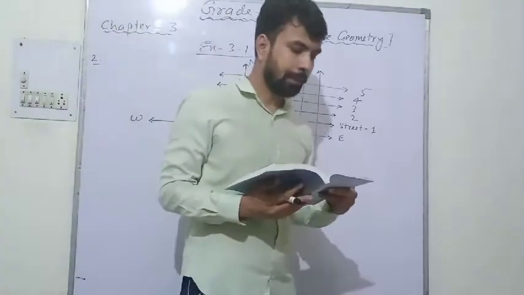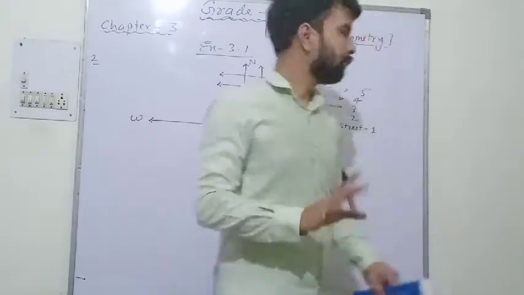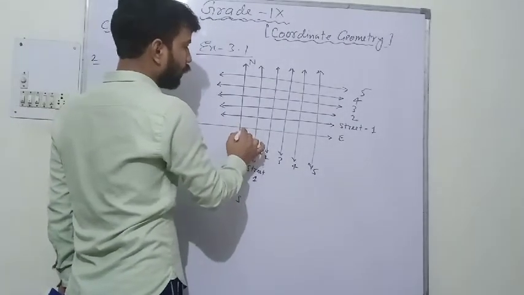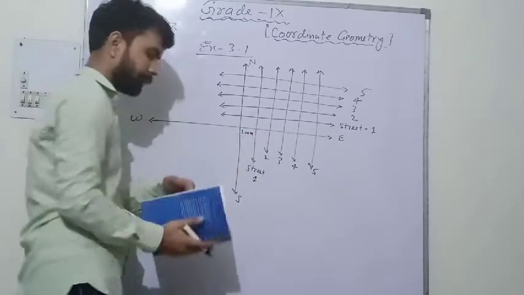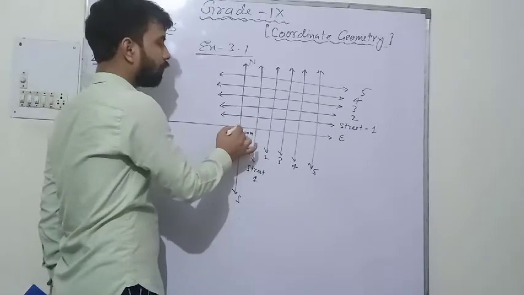Now, the question is saying to use 1 centimeter equal to 200 meters. It means the gap between 2 streets is 200 meters, and we will consider the gap of 1 centimeter.